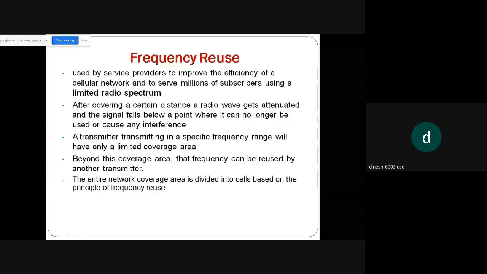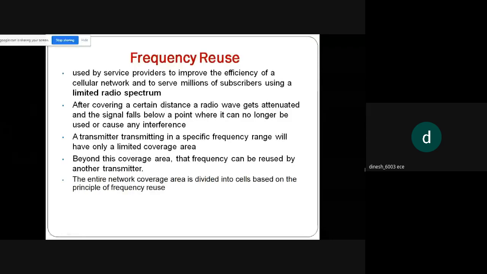The radio wave gets attenuated until the signal falls below a point where it can no longer be used or cause any interference. A transmitter transmitting in a specific frequency range will have only a limited coverage area. Beyond this coverage area, that frequency can be reused by another transmitter, so we can use that frequency only for a certain area.